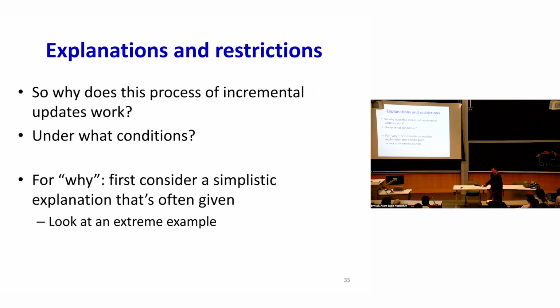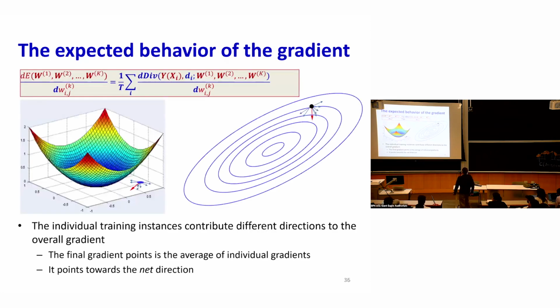So why and when does the process of incremental updates work, and under what conditions? For the why, let's consider a very simple example first, a very extreme example. First, what exactly are we doing? When I have a bunch of training data, the error at each training instance is different.